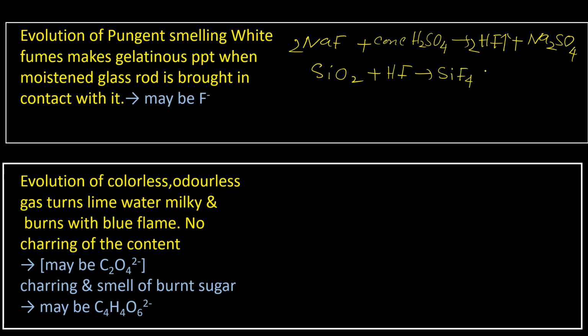These vapors will form silicon tetrafluoride plus water. So this vapor is coming, silicon tetrafluoride. Now when you are holding the glass rod dipped in water, that means moisture, then what will happen? It will form silicic acid.